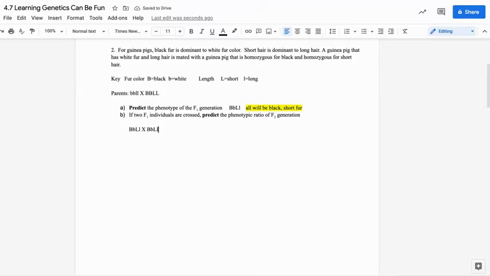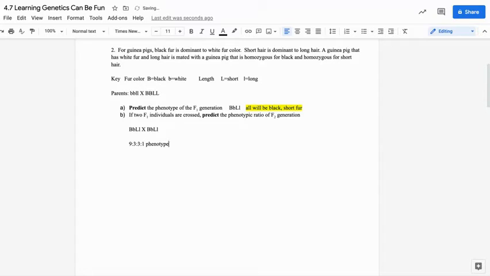Okay, and I hope you recognize this. This is a classic Mendelian dihybrid cross, with two individuals heterozygous for both traits. When you see this, you should automatically say, oh, that's going to produce a 9:3:3:1 ratio for the phenotype.